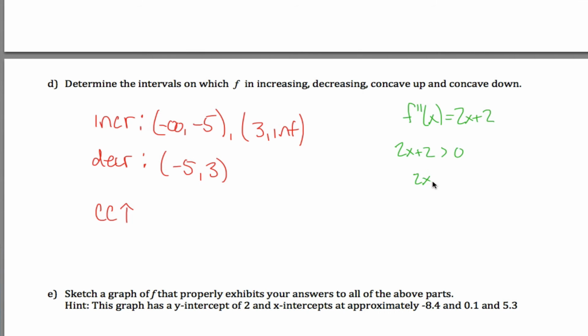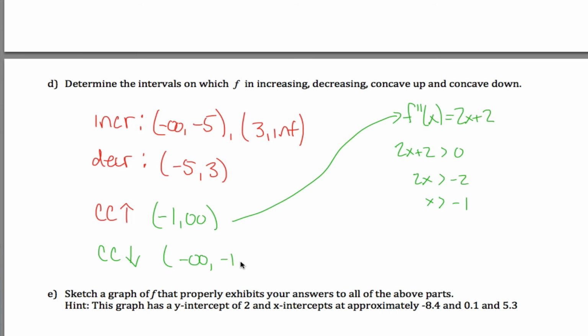Subtract 2 from both sides of the equation, divide by 2, you get x is greater than -1, so it's concave up anytime x is greater than -1, in other words, from -1 up to infinity. And so therefore it's concave down when it's not concave up, everywhere from -infinity all the way up to -1. Increasing, decreasing, concave up, concave down.